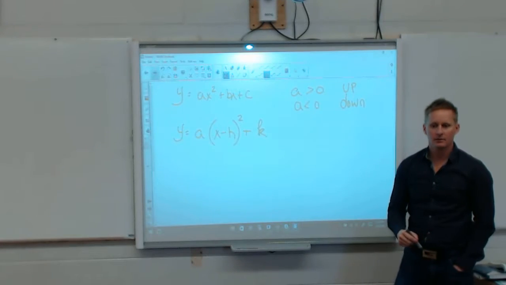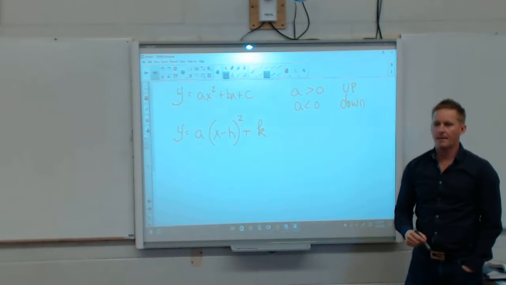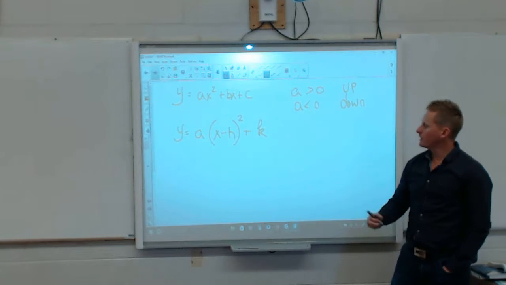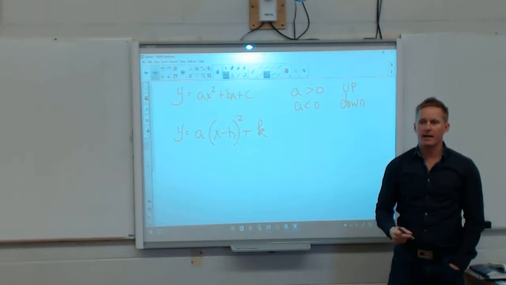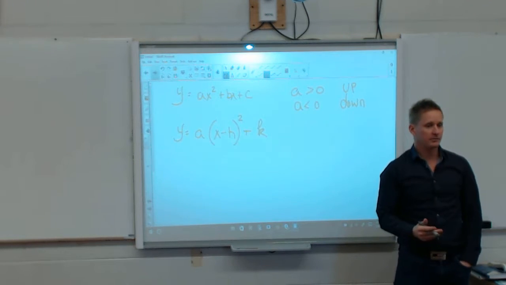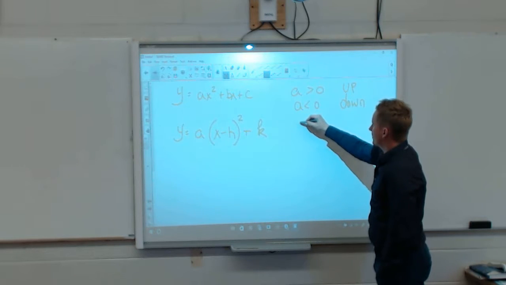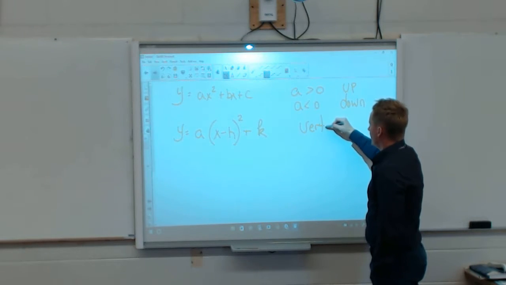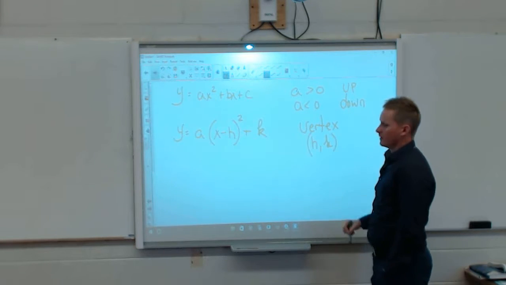What did the h and k tell us for our graph? H is left or right, K is up or down. Okay? And what more specifically does h and k actually represent? Yes, it does, Sophia. Good. H and k actually, in this form, is your vertex.